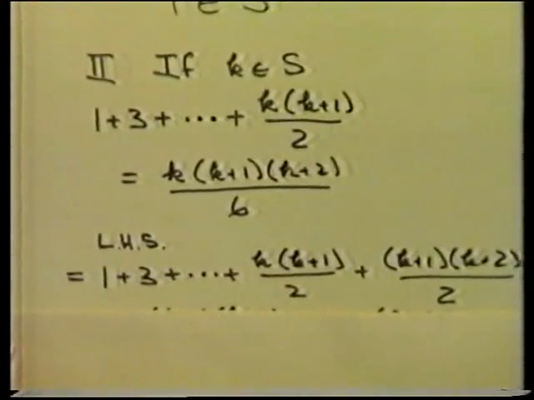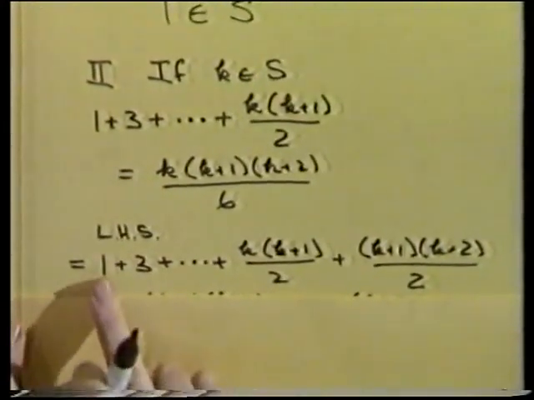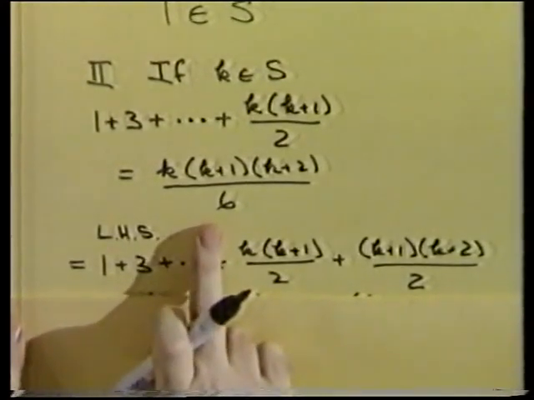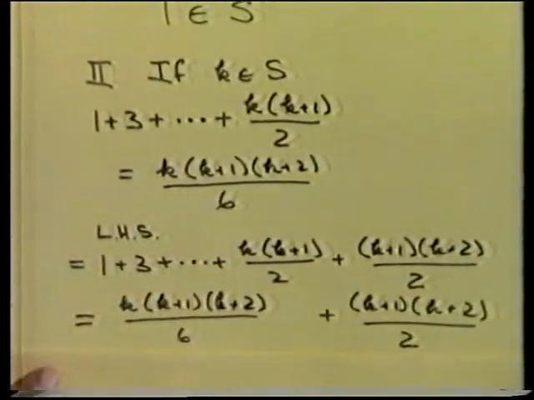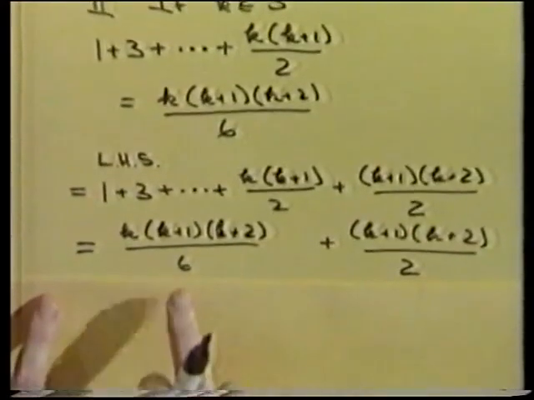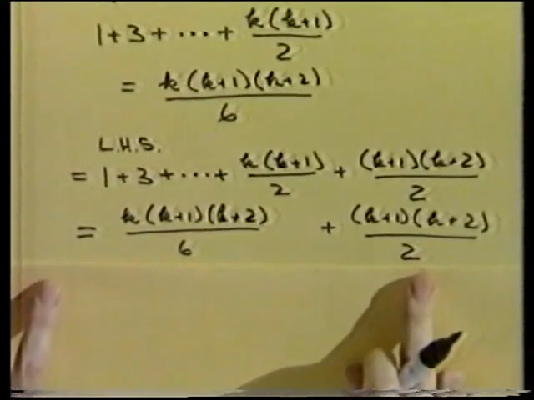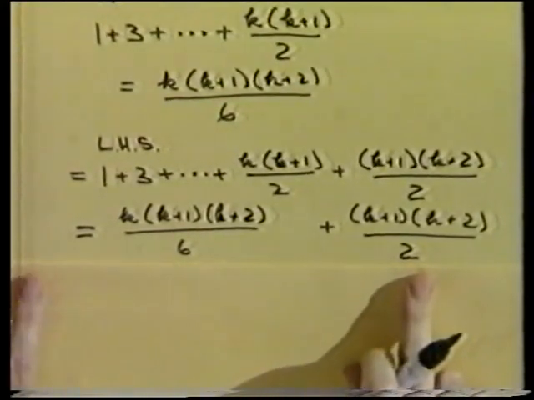Now I look at the left-hand side of the statement for k plus 1. Because of the induction hypothesis, I can replace this first part of the sum by this. So this left-hand side is equal to this plus the last term, (k plus 1) times (k plus 2) over 2.